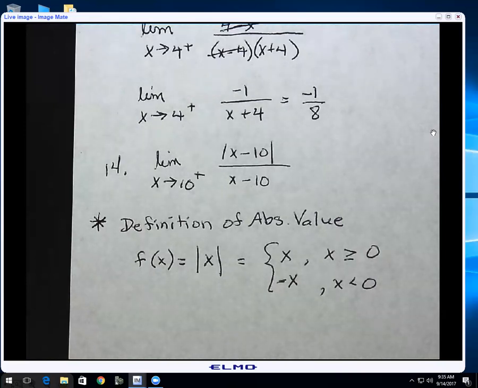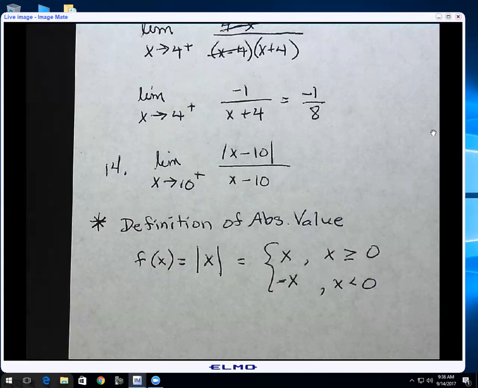What if you put in something smaller than 10? Put in a 9, or an 8, or a 7. What do you get? -1. So if you put in anything bigger than 10, you get out a +1. If you put in anything smaller than 10, you get a -1.